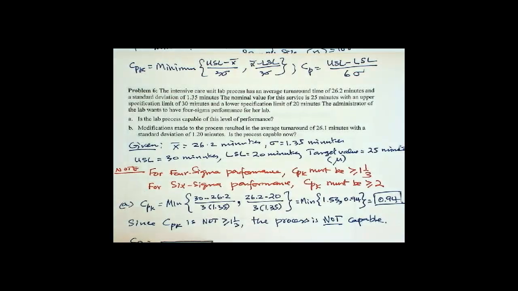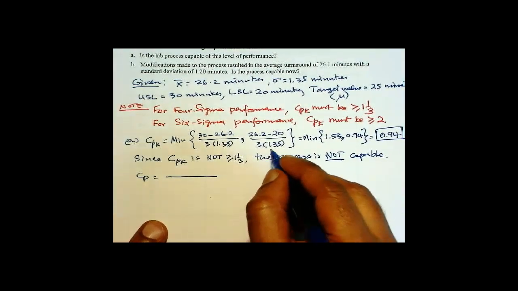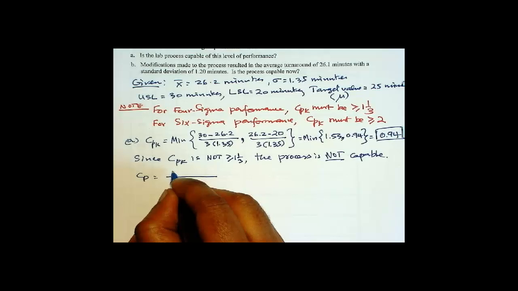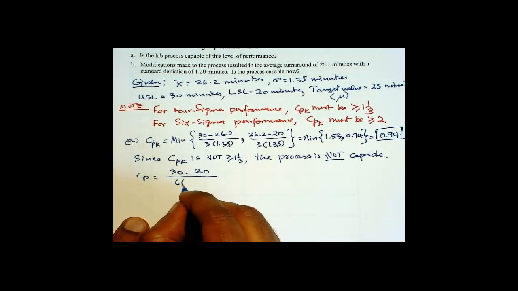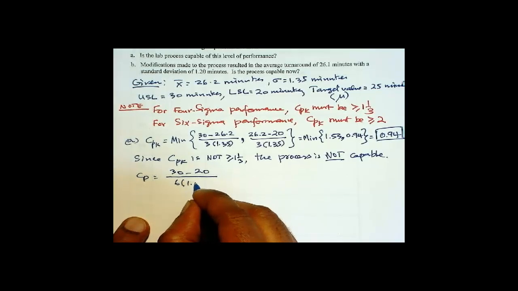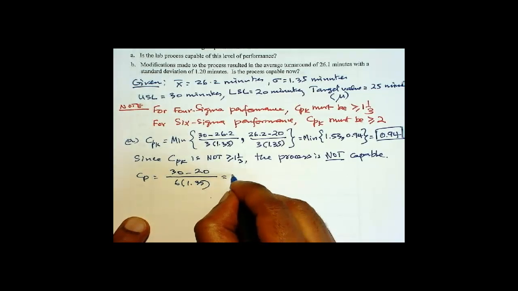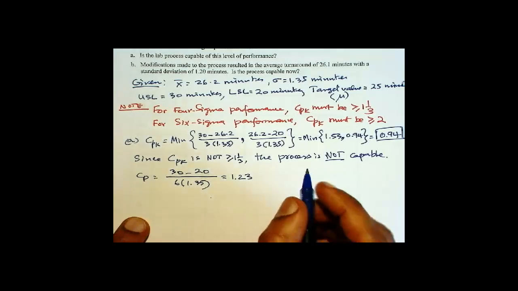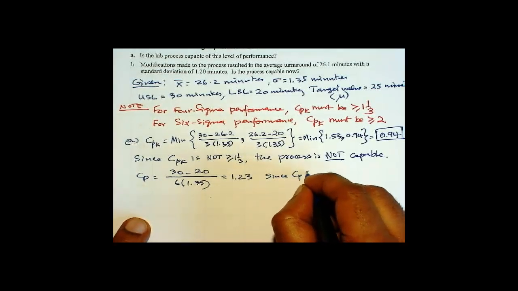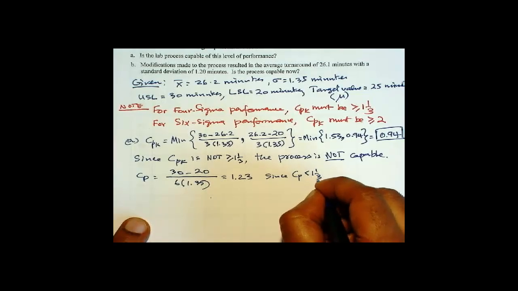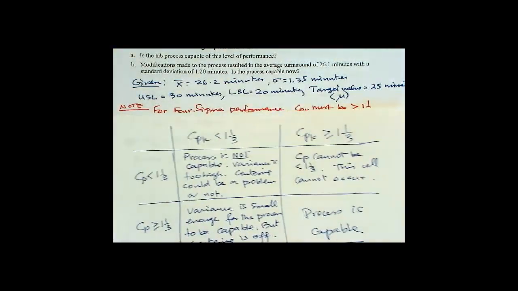So upper specification limit, which is 30, minus 20, divided by 6 times 1.35. So that gives us 1.23. And since C sub p is less than 1 1/3, now we know that we are here. Process is not capable and the variance is too high.